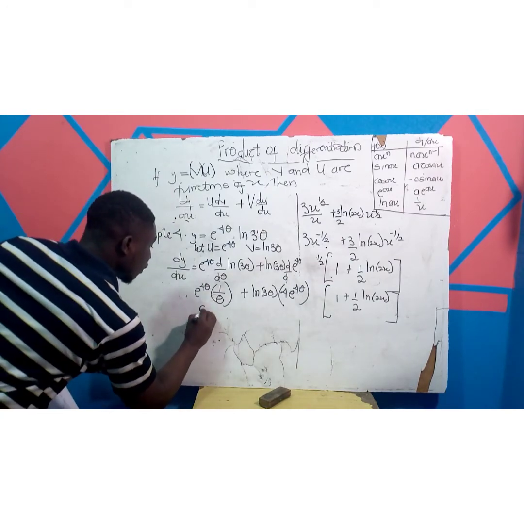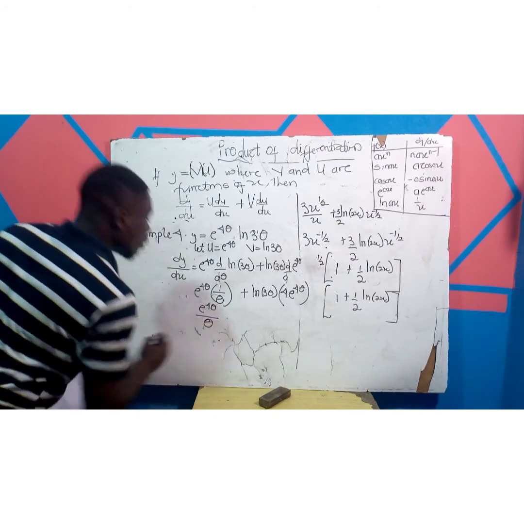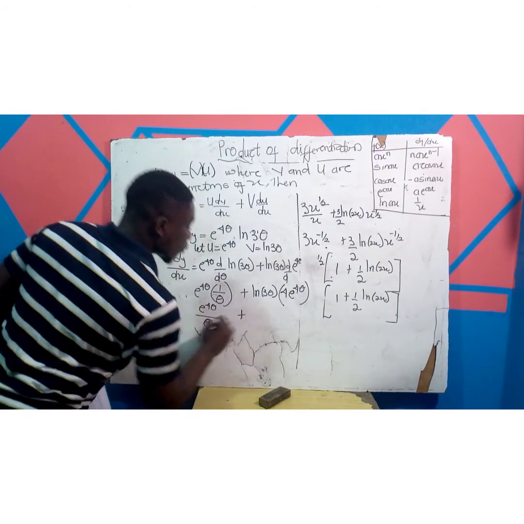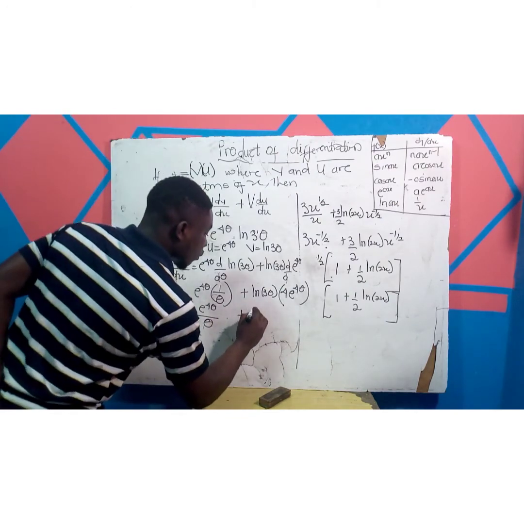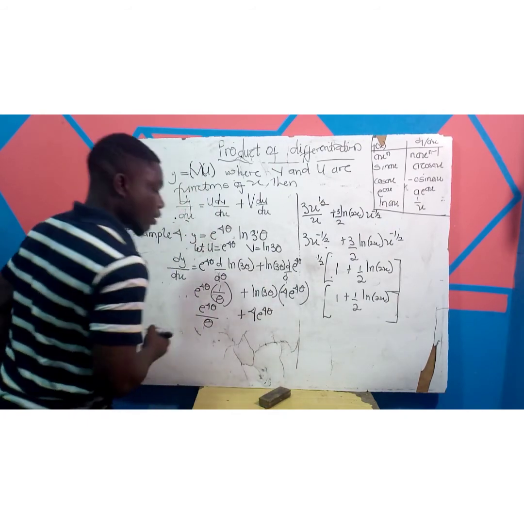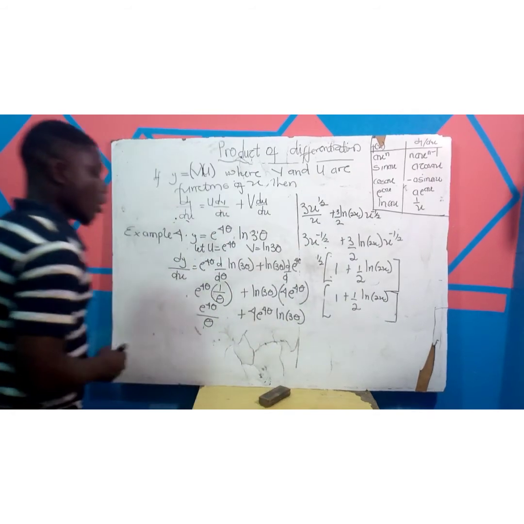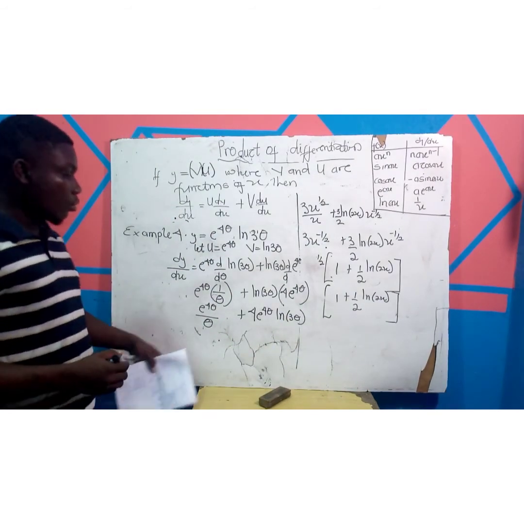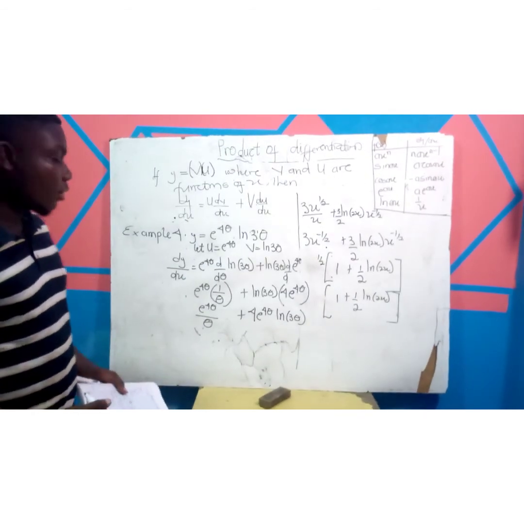Now let's expand the bracket. We have e exponent 4 theta all over theta, plus, when we come here, we have 4 e exponent 4 theta ln 3 theta. Now can we do some factorization over here? Yes.